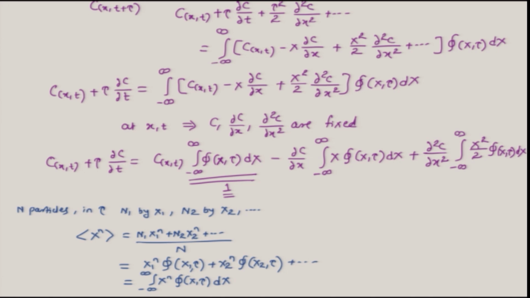So, the integral x times phi of x tau would be average x, that is the average of x projections of net displacements of all the atoms. Similarly, integral x square phi of x tau dx would be average of x square, which is the mean square displacement of all the atoms. And there is a factor of 2 here.